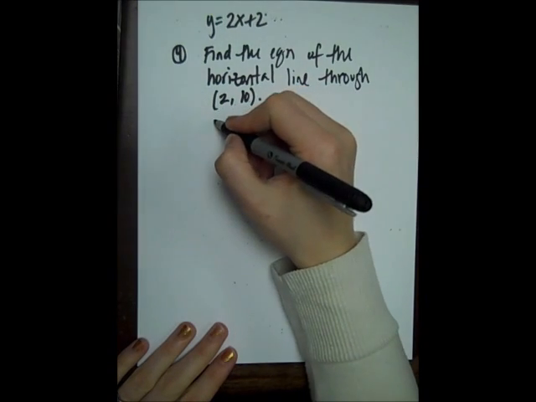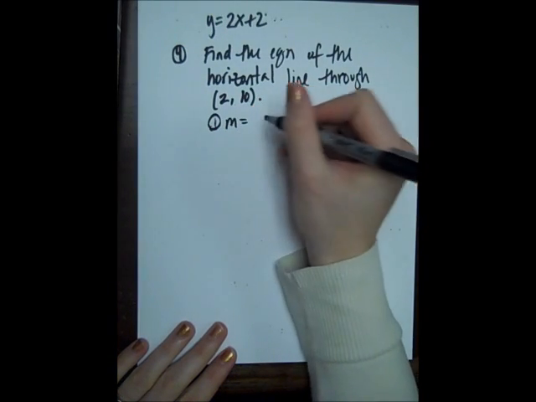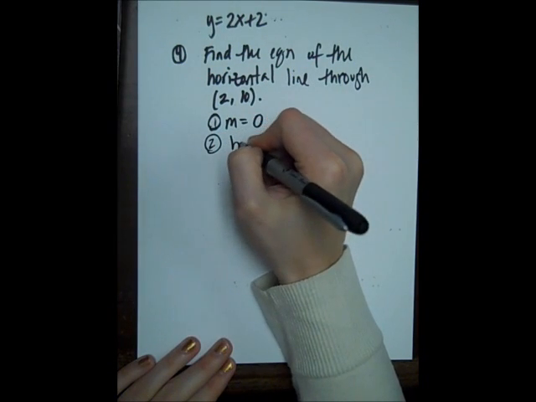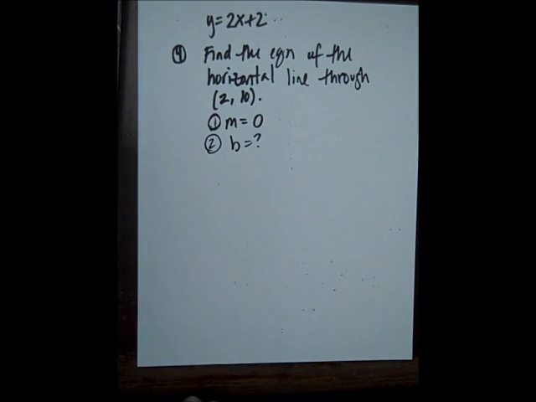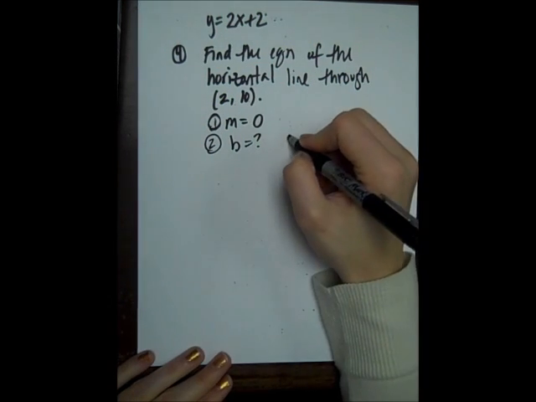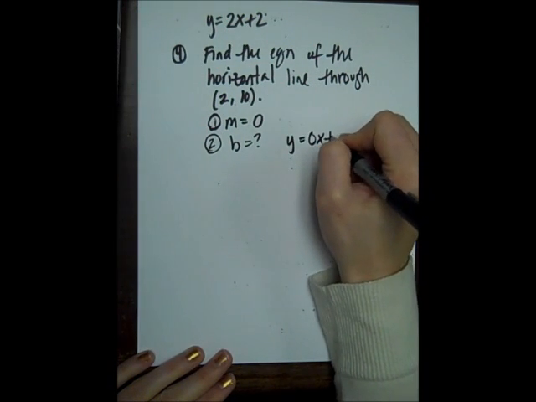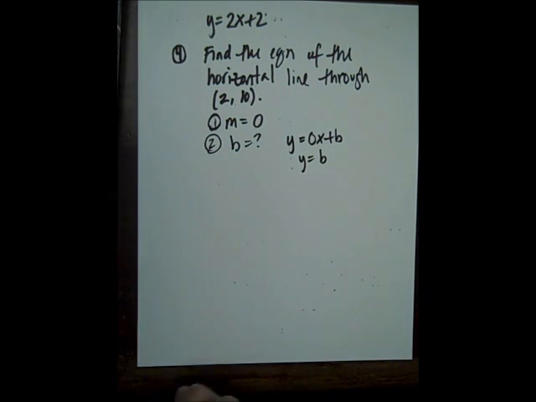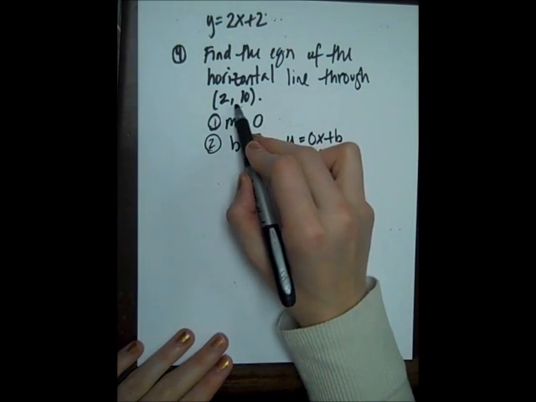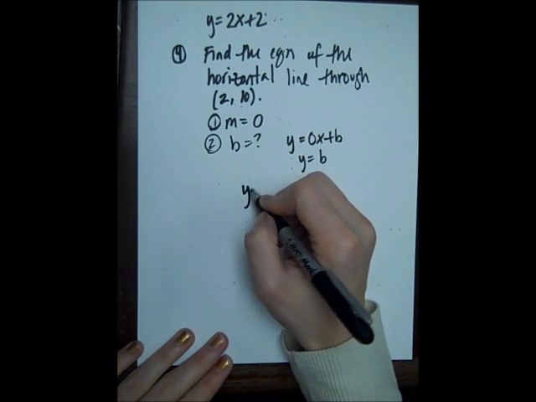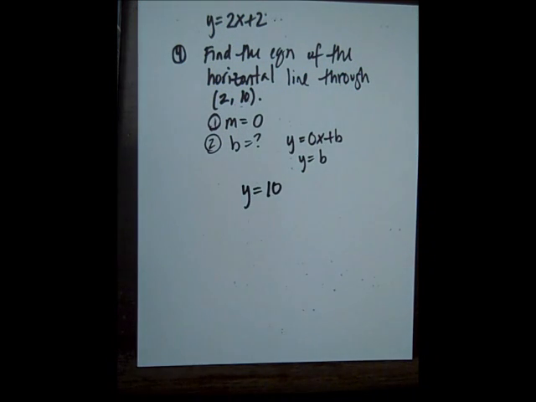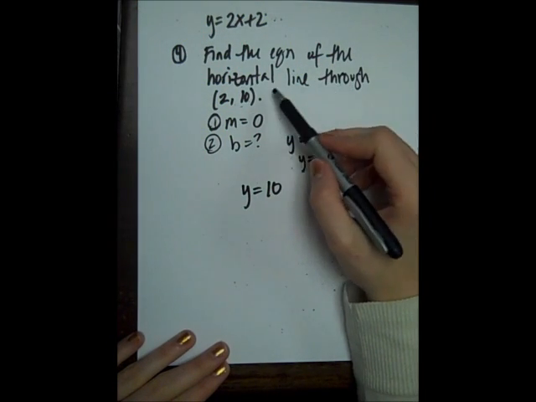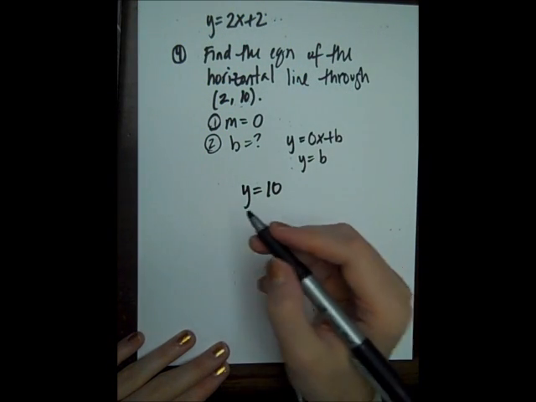This is a horizontal line, so what is m? m has to be 0. Next, find b. I don't have the y-intercept, but so far my equation is y = 0x + b, which is the same as y = b. In this point that I was given, the y-coordinate is 10, so my equation is y = 10.